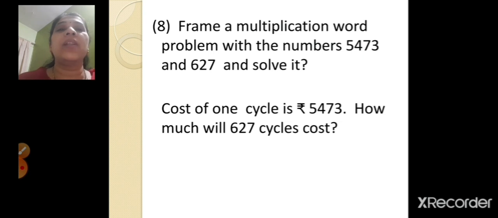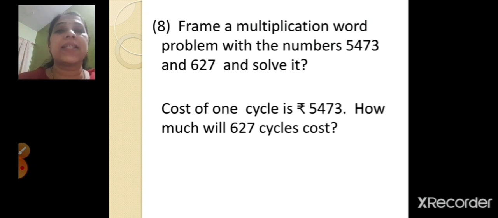So first you will frame a word problem and then you will solve it. So what I have written: cost of one cycle is rupees 5,473. How much will 627 cycles cost?